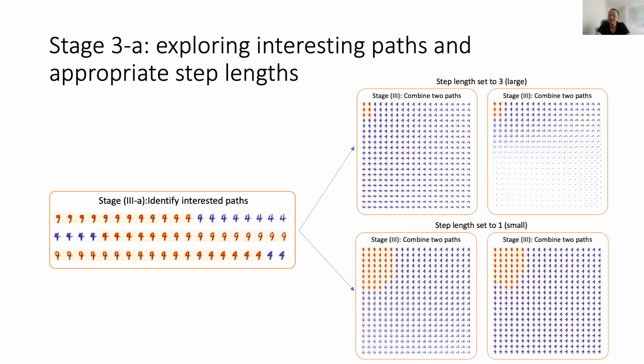For the first intervention point, human users are enabled to identify the dimensions of interest, that is, a specific dimension from the d-dimensional latent space. Next, we allow humans to adjust the hyperparameter step length along the selected latent dimension for exploration.